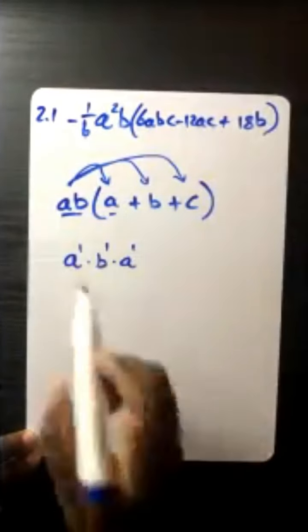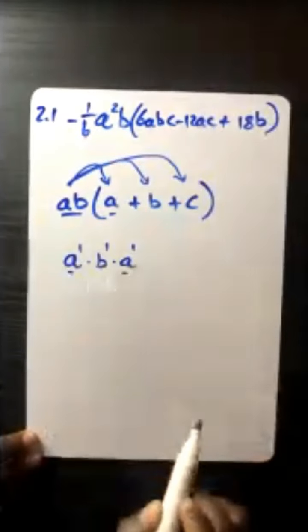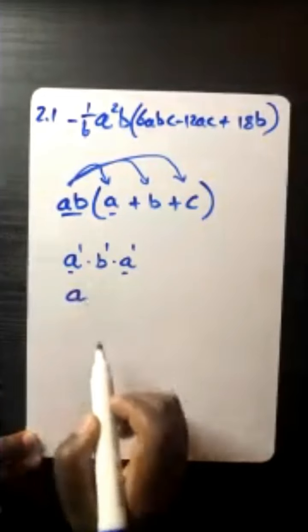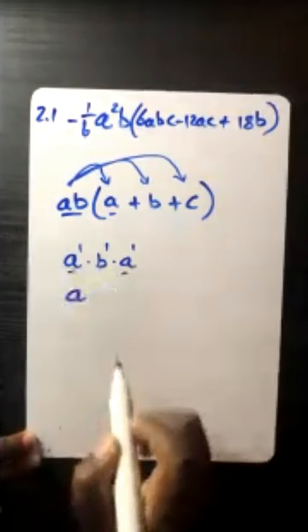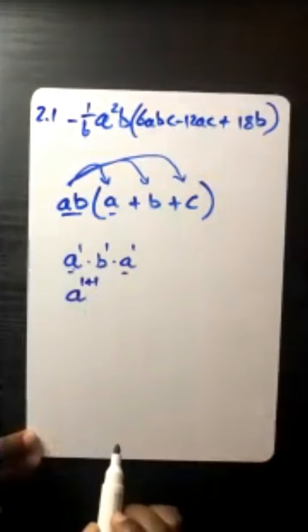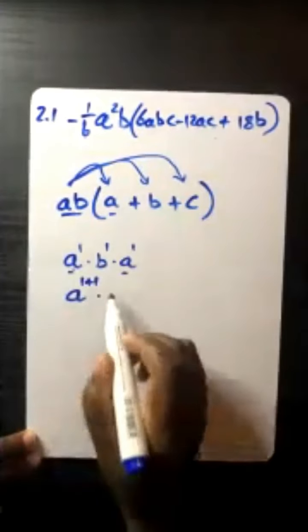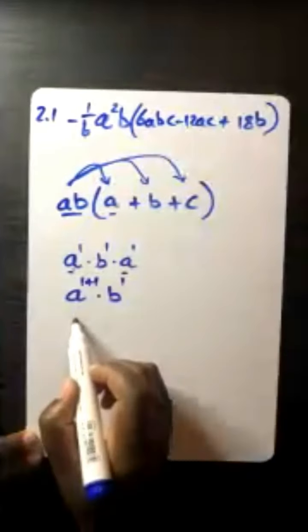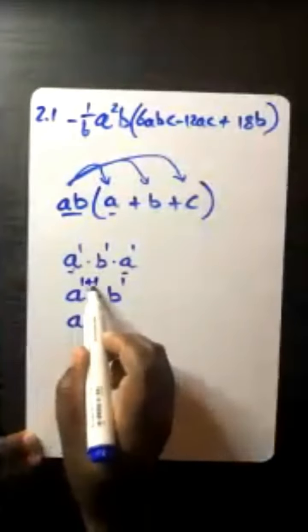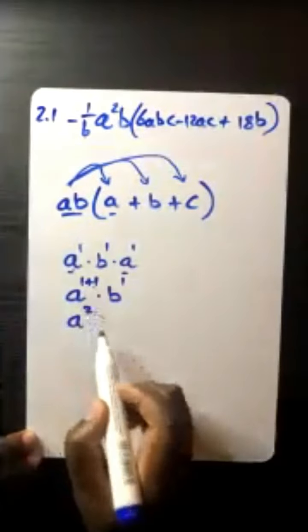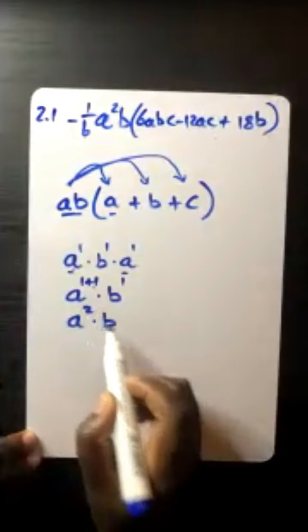So obviously you've got the same bases over there. What does it mean according to that rule? It means you can have A, because you've got the same bases, then you add the exponents, which is 1 plus 1, multiplied by B to the exponent 1. So you simplify that part, which is 1 plus 1 is 2, multiplied by B.